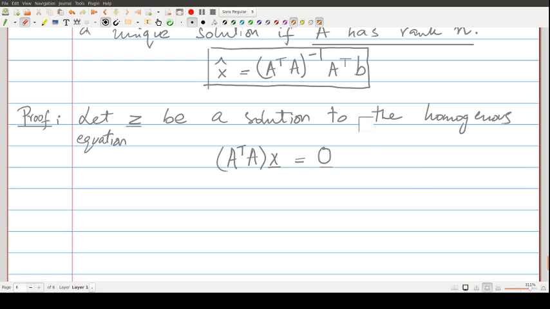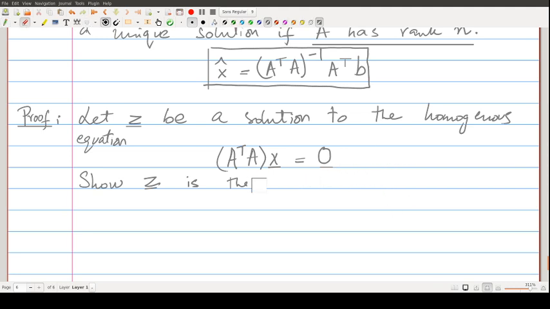So how do I prove that the homogeneous system has a unique solution? I want to show that Z is the trivial solution. Okay, so how do I show this? Since I have to show this, let me just remove it, because I'm not assuming this.